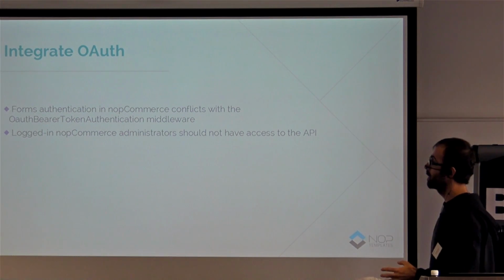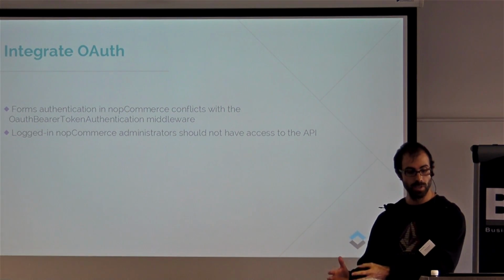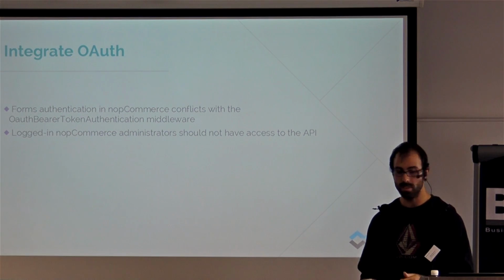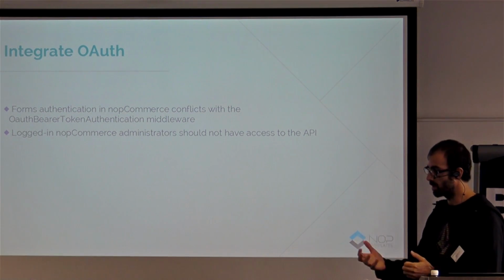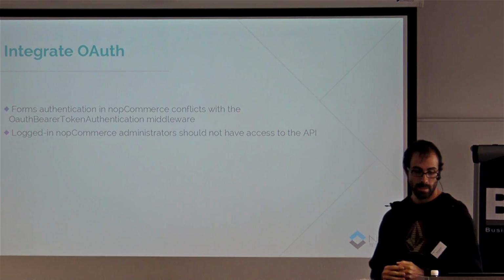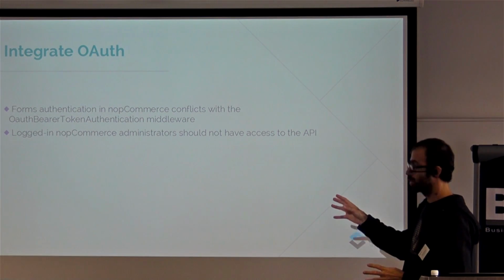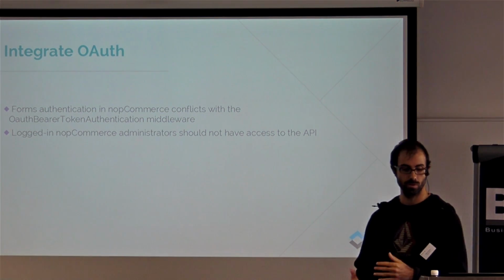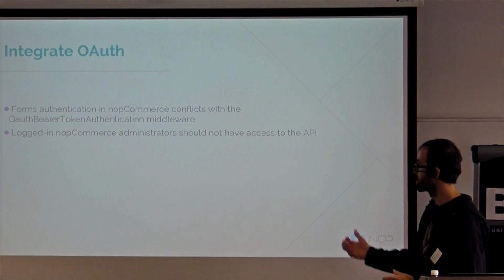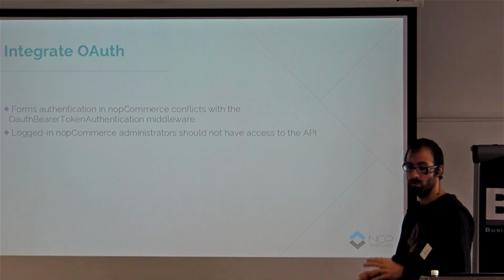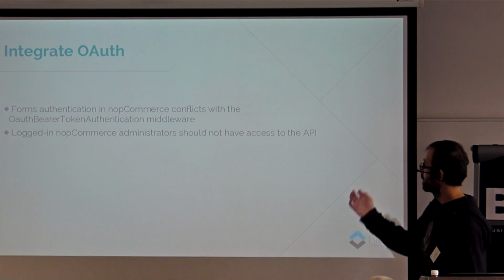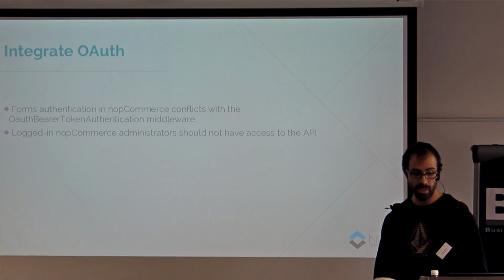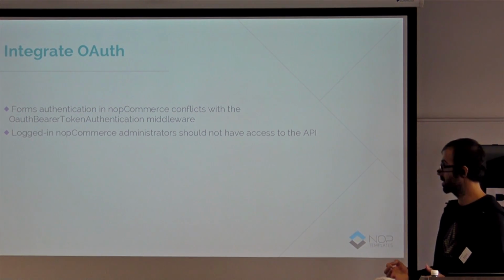Then, because you have forms authentication, you have a cookie in your browser that authorizes the browser session to nopCommerce. If then you go to your third-party service provider like Salesforce or whichever is talking to nopCommerce, and you try to do an API request from your dashboard or something, the forms authentication cookie is going to be sent along with this AJAX request.